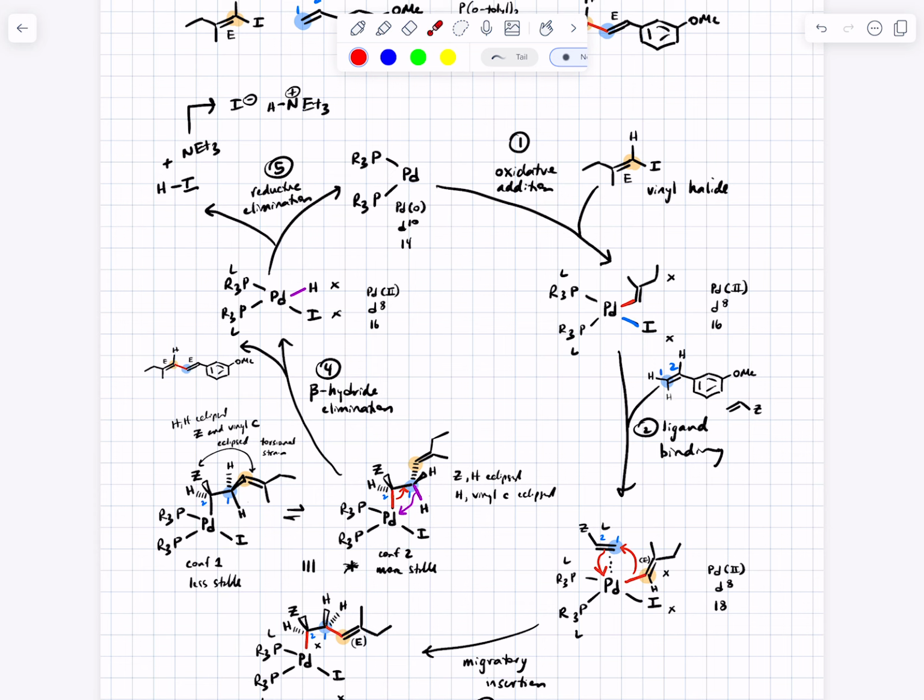So just like we understood the mechanism of the SN2 reaction because the alkyl halide and the nucleophile were both in the rate law, you can tease out the mechanism here by changing concentrations of starting materials and seeing how the rate is influenced. And there are some other more sophisticated kinetic experiments you can do to try to determine what the mechanism is. I just don't know what they are.